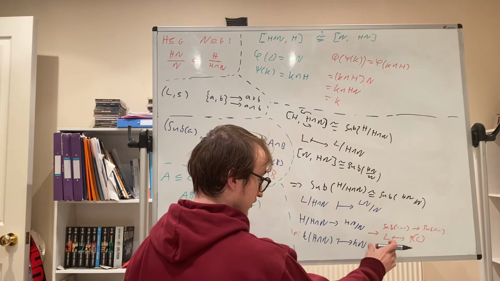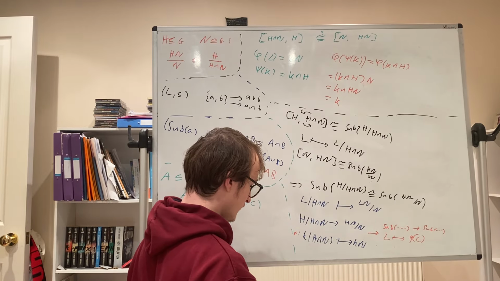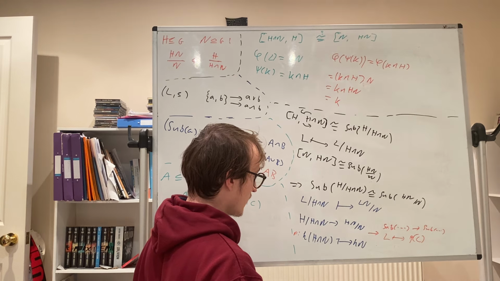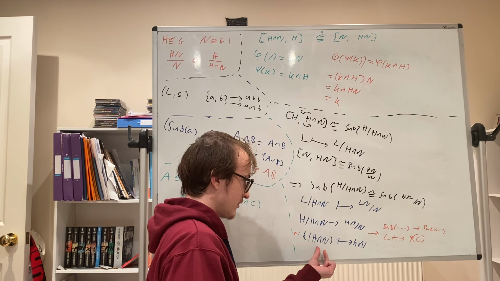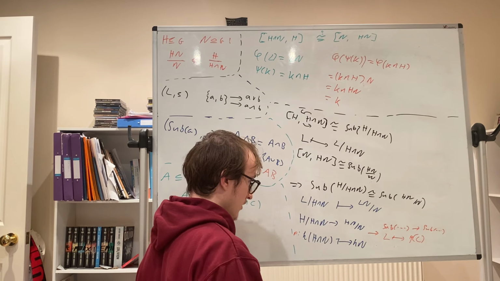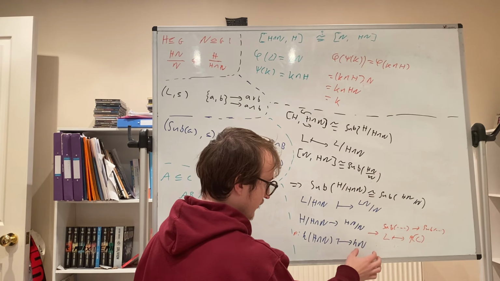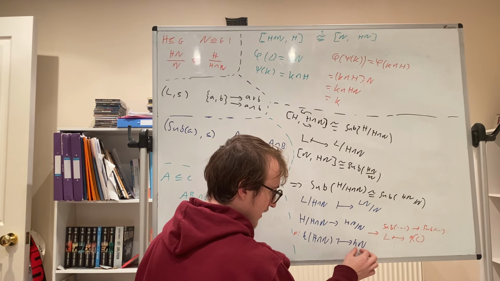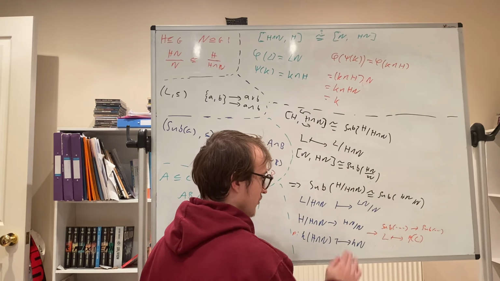And if you look at what happens to L, well, P of L would be the set of all Ln, where l is in L, which is precisely this subgroup here.